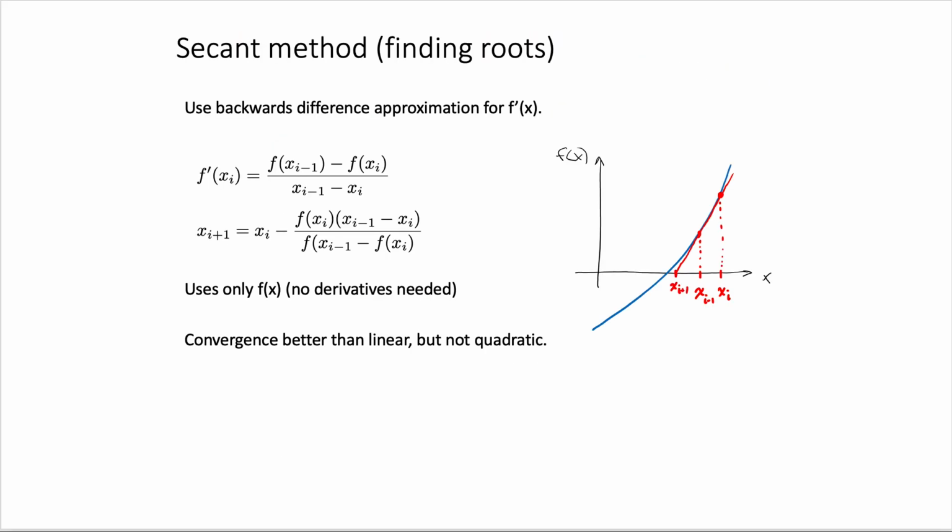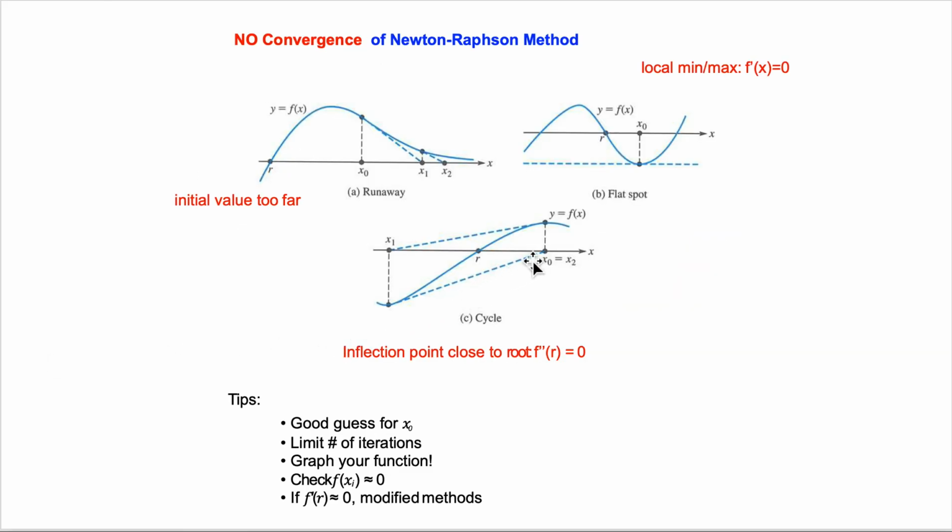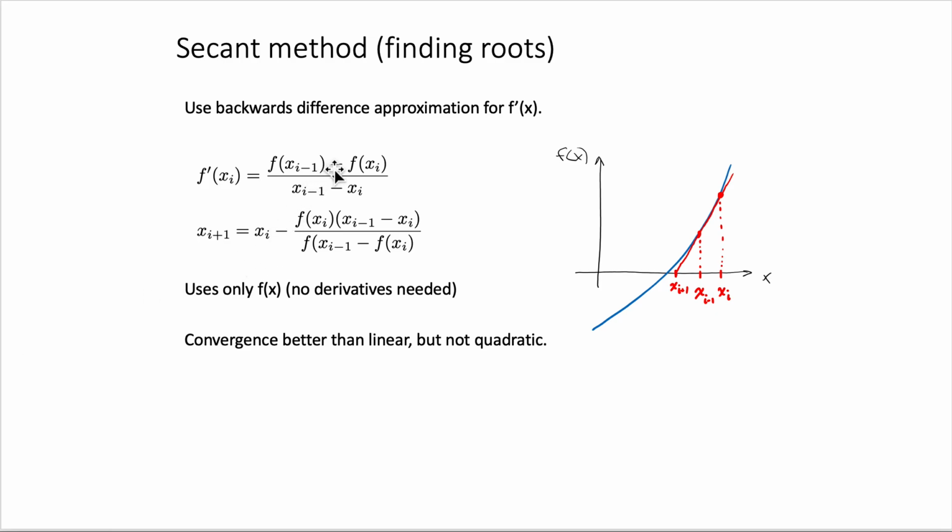The final method that I'll mention is that so far we have been using the actual Taylor series to derive an approximation for this line, right? You don't have to use the Taylor series. You can actually use two iterations to estimate the line. So your derivative f prime, instead of being the actual derivative of the function, which in some cases may be hard to compute, or maybe you don't have it, you can subtract the past value of the function from the current value of the function and divide by the x positions.